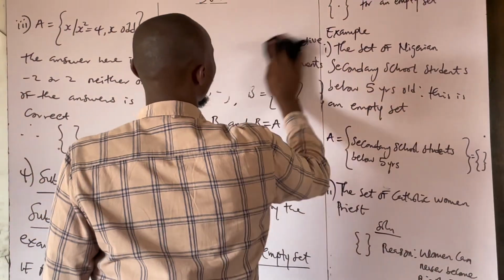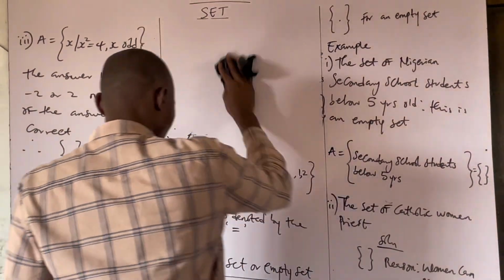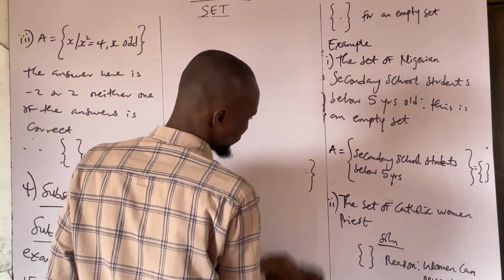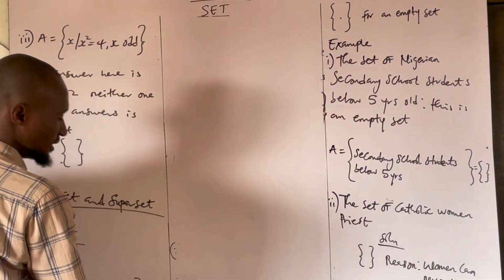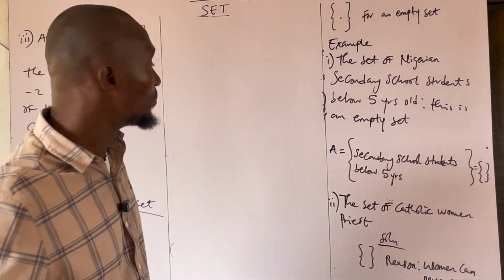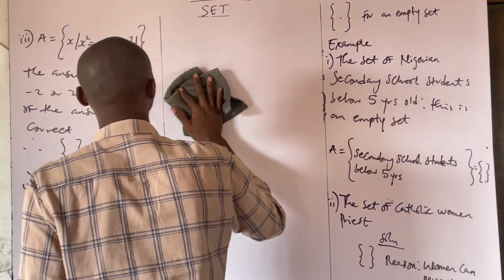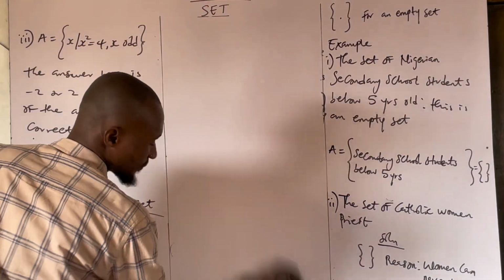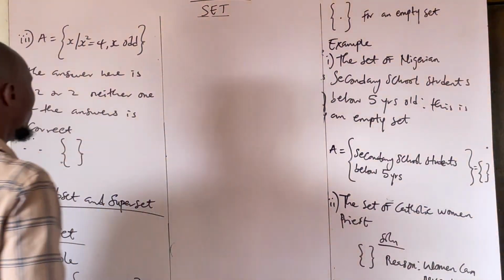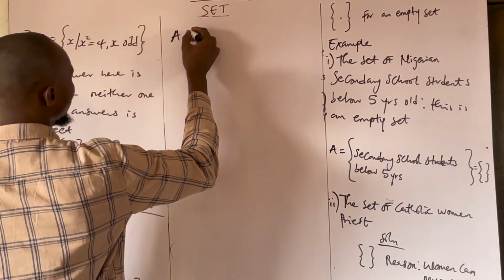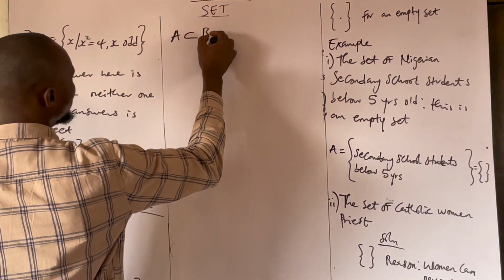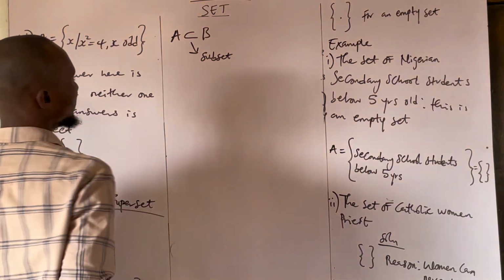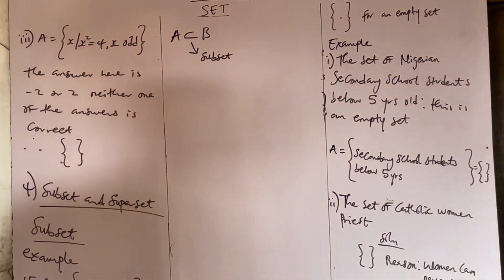Before superset, I'm going to give you the symbol of subset in case you see that in a question, so that you know the symbol of subset. The same way I gave you the symbol of empty set, null set. Now, the symbol of this is A, B. This is a symbol of what?